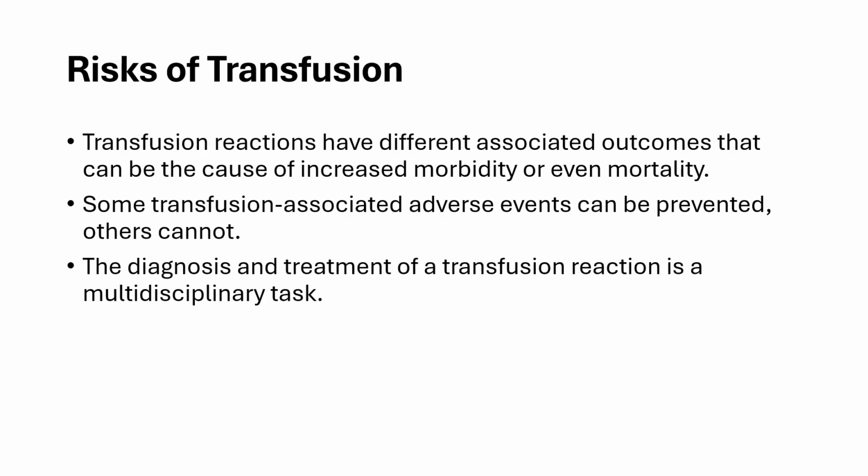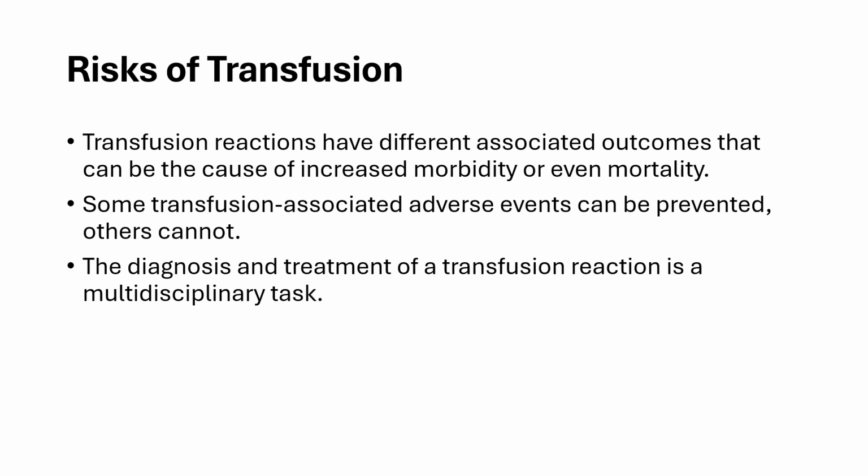For risk of transfusion, transfusion reactions vary in severity, ranging from mild symptoms to life-threatening complications. Some reactions can lead to increased morbidity, which means a prolonged hospital stay or organ damage, or even mortality in rare but serious cases, such as acute hemolytic reactions or TRALI.